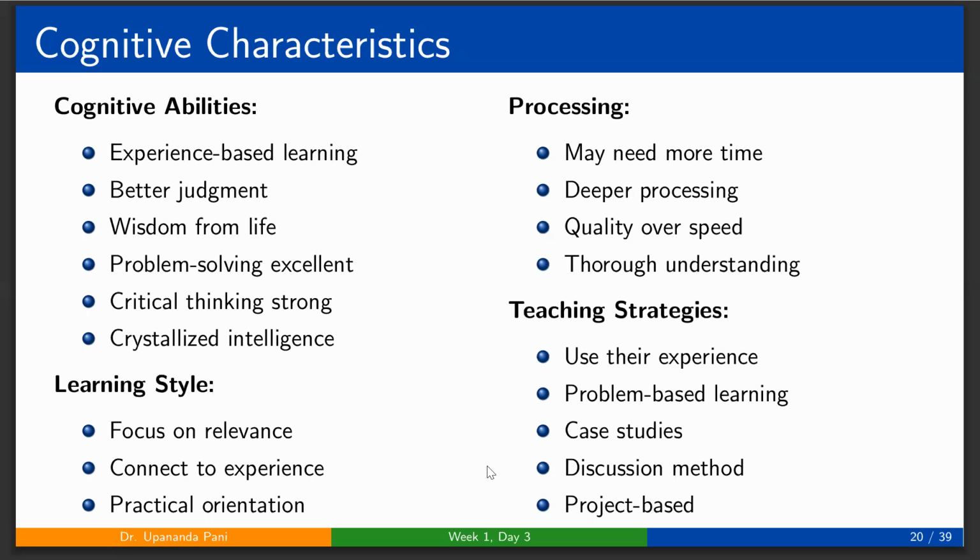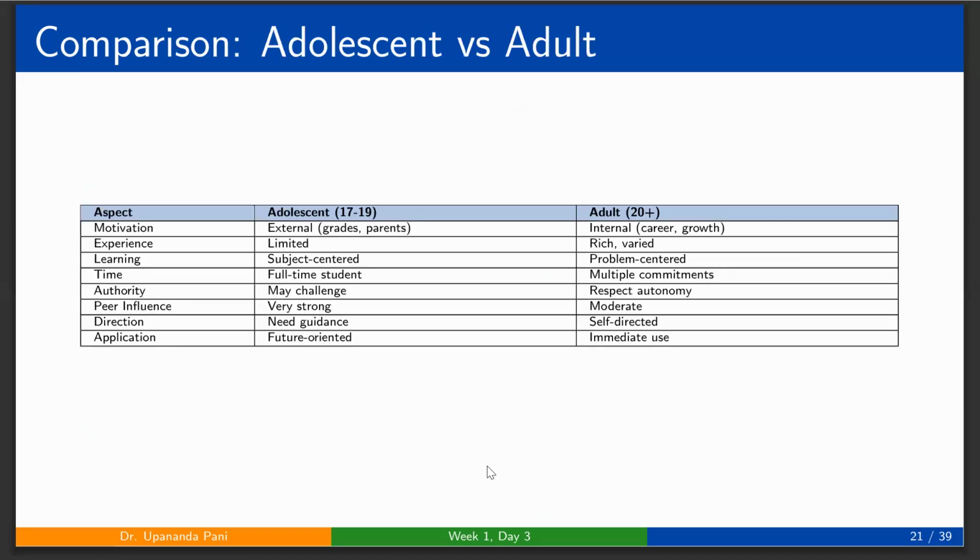Their learning style needs focus and relevance, and they connect to experience. They need a practical orientation. In processing, they may need more time, with quality over speed. What should the teaching strategies be? You can use their experience, problem-based learning, case studies, the discussion method, and project-based learning will be better suited for them.